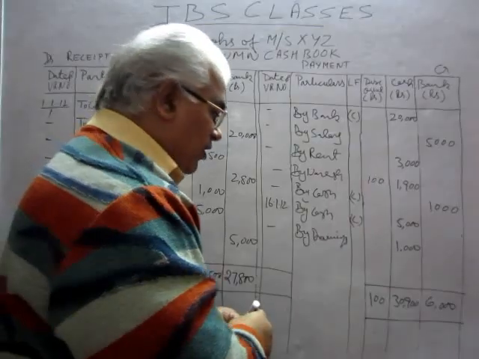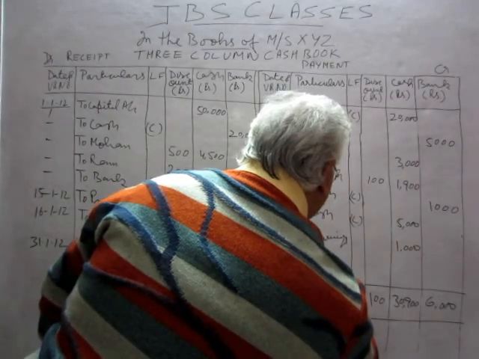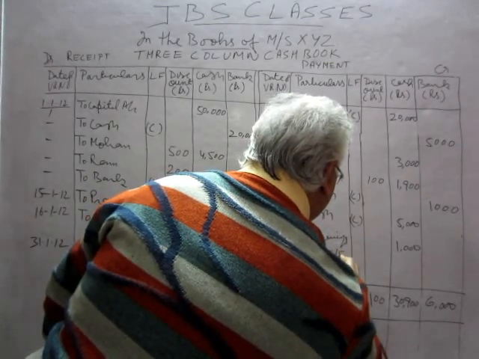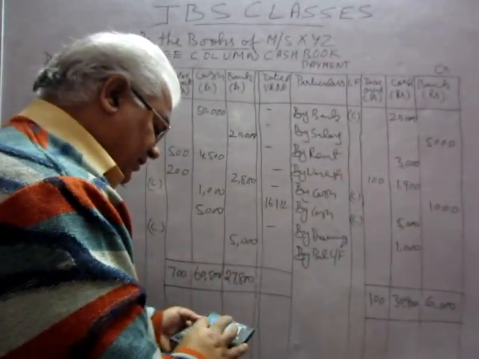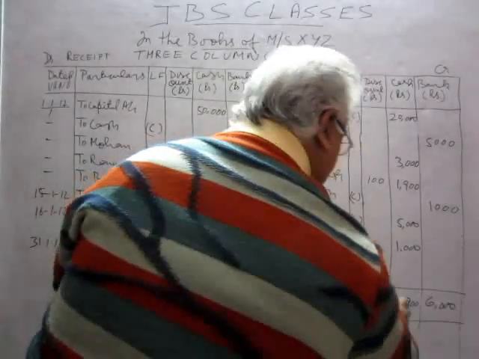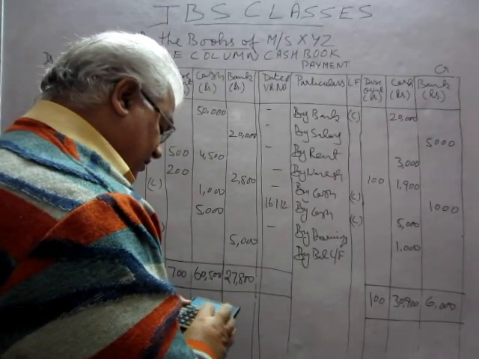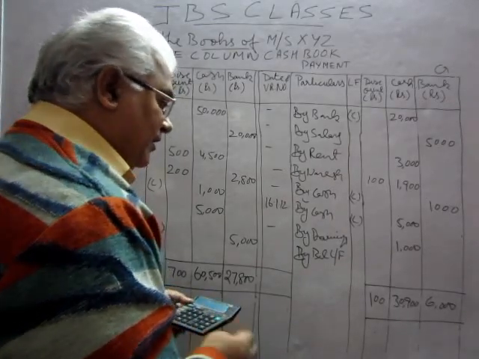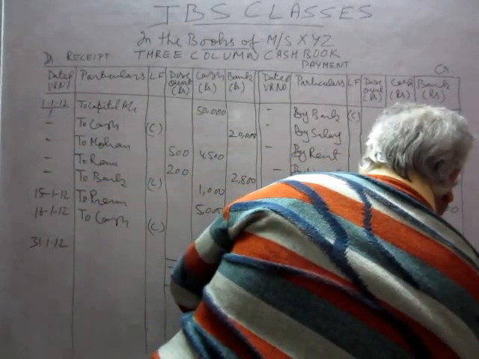Now we know how much is our cash balance by balance carried forward. So 60,500 minus 30,900 comes to 29,600.